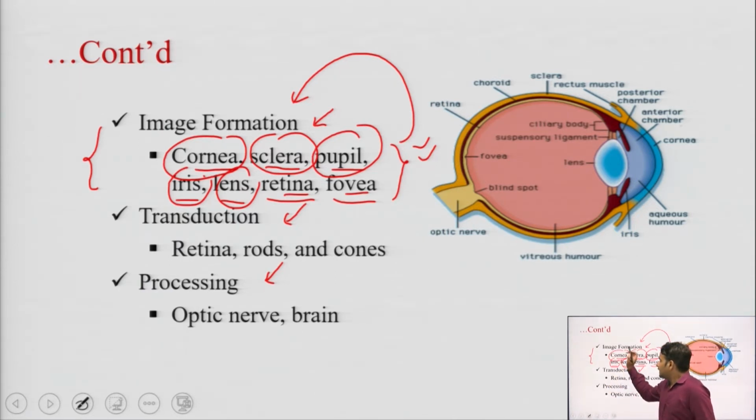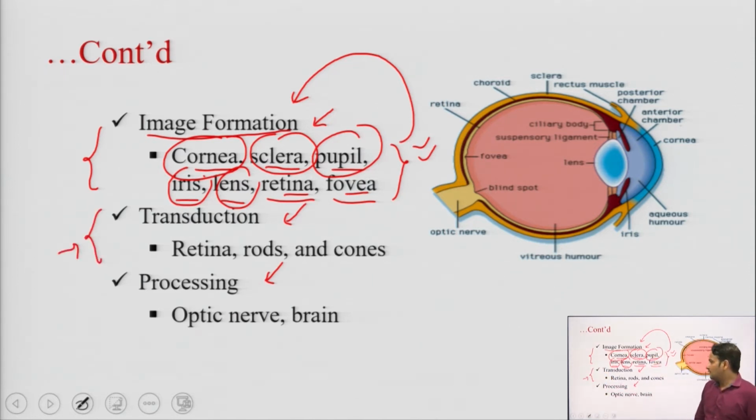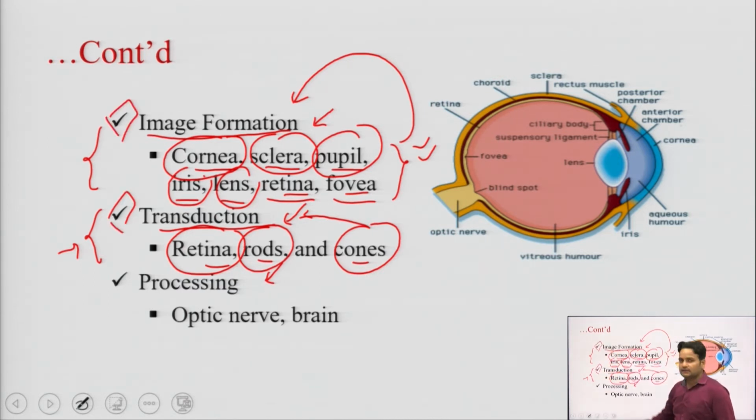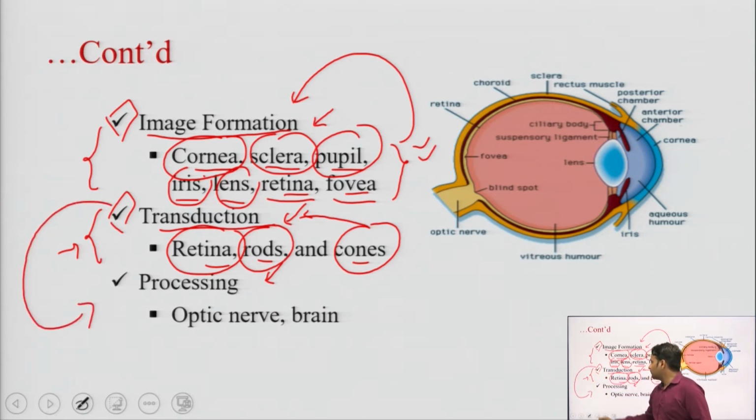After the image has been formed, the second portion comes into the picture, that is transduction, and for transduction the important parts are the retina, rods and cones. After image formation and transduction, the third part comes into the picture, called processing. How your picture is actually interpreted is the processing part.